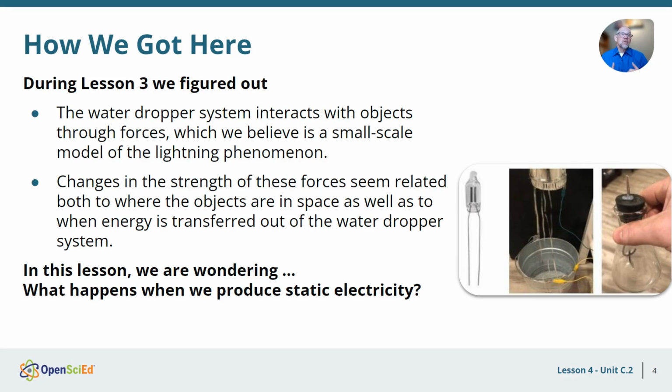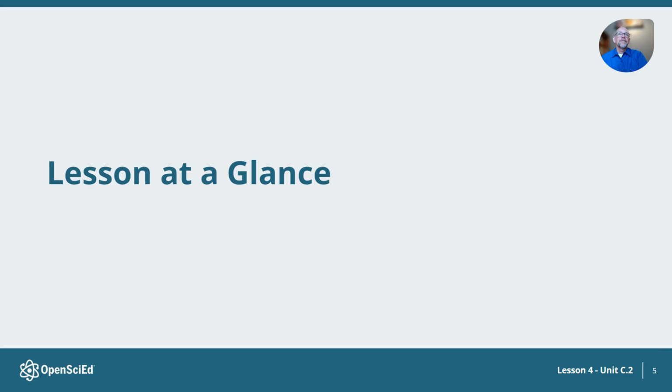We saw that the strong interactions were correlated with the moment right before the spark formed in the water dropper system. We saw a connection between the behavior of our experiences with static electricity. And so now we're wondering what's happening when we produce static electricity.